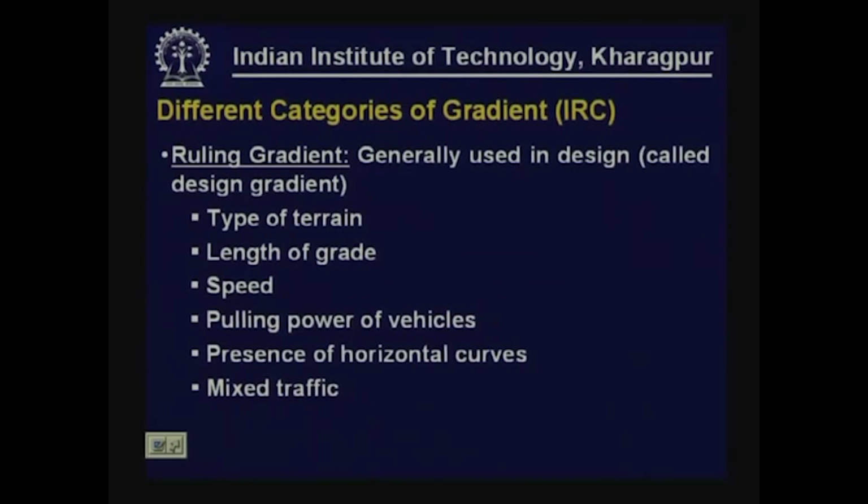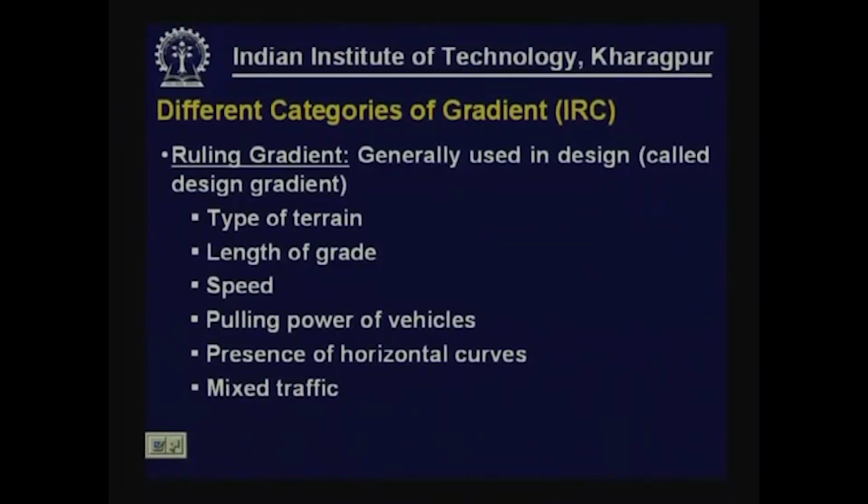When a vehicle negotiates a grade, there will be loss in speed. The longer the tangent and the higher the grade, there will be higher reduction in speed, which is likely to influence the overall traffic operation. So, therefore, length of the grade also is another factor.